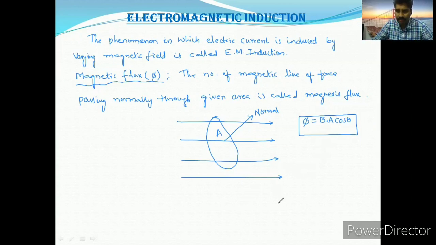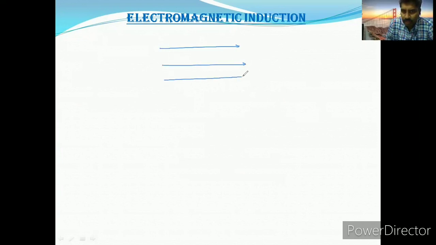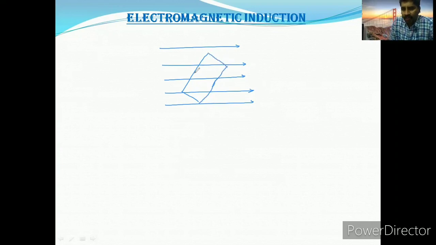Next, why are we getting cos theta? We'll clear this one. See here. The magnetic lines of force are passing like this. Here I am taking an inclined area like this. From this area, I am drawing the normal. The angle between the magnetic lines of force and the normal is theta.